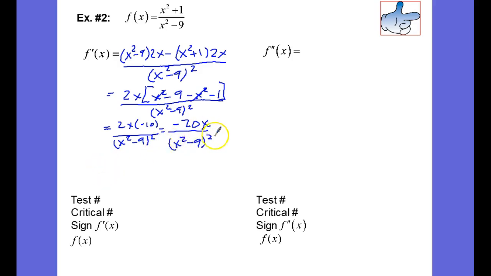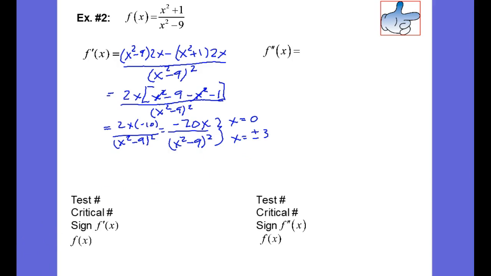Now recall that the critical numbers for f prime are going to be the values for which the function is equal to 0 or does not exist. And so that means that setting the numerator equal to 0, we get x equals 0. And setting the denominator equal to 0, we get x equals plus or minus 3.